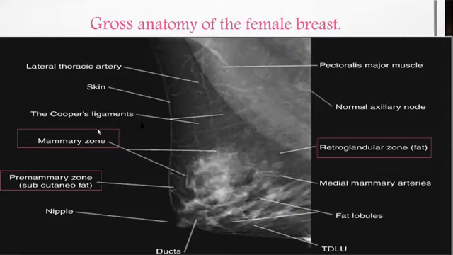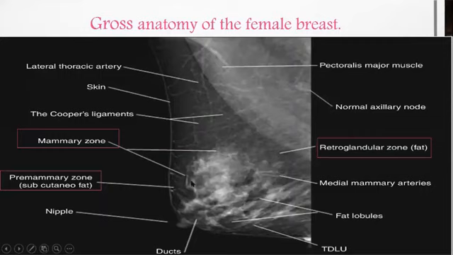Here, this is the zonal anatomy. You see, the pre-mammary zone is just anterior to the glands, between the glands and the skin, and it represents the anterior subcutaneous fat.